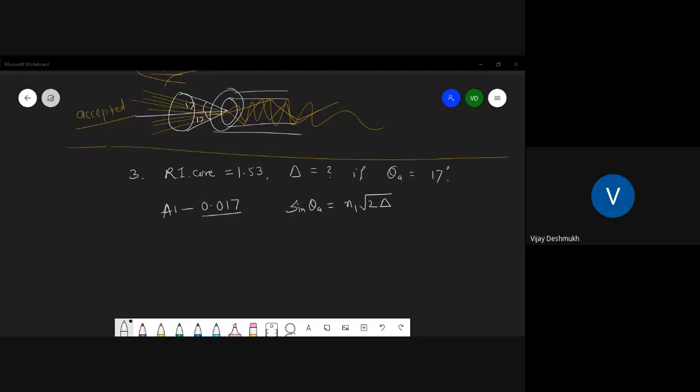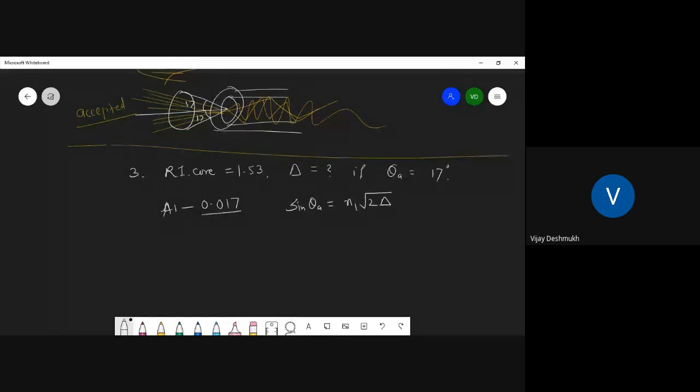0.0162. Then there is another answer, 0.016. 0.01162? Okay, 162. Any other answer? 0.017. Okay, the same answer.